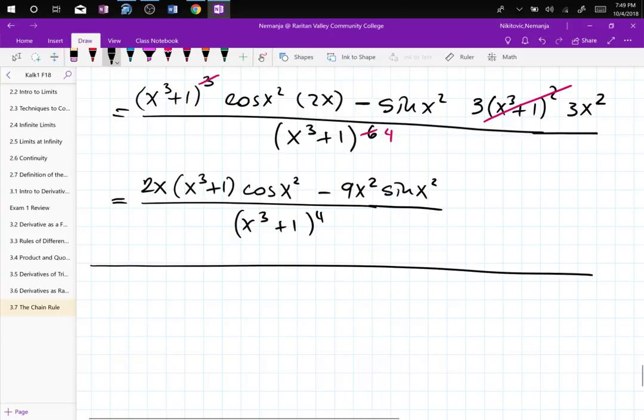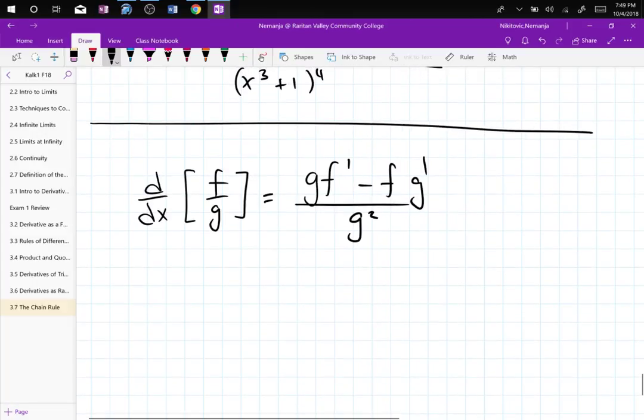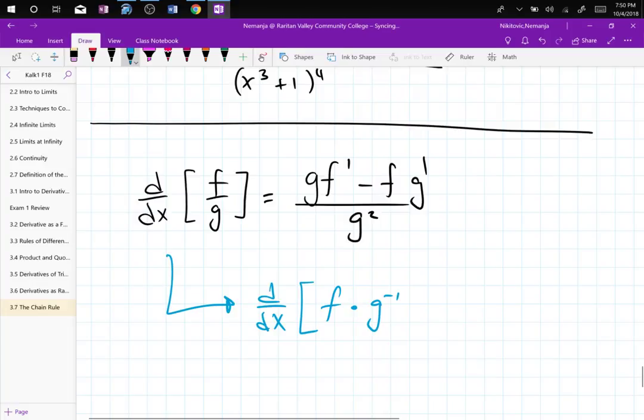So if I have the derivative of f over g to be given as g f prime minus f g prime over g squared, we can opt instead for the derivative of, instead of the quotient, we do the product, f times g to the negative 1.